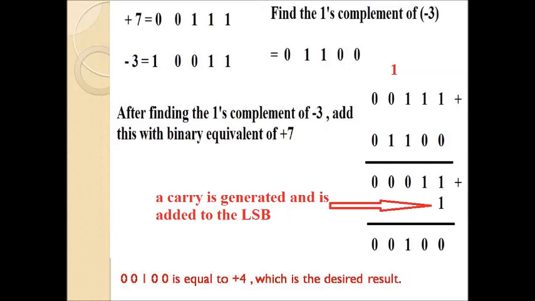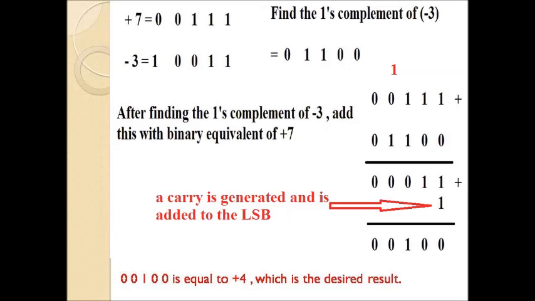The binary equivalent of plus 7 is represented there in sign magnitude form. The bit which is separate from the group, 0, stands for positive. So 0 0 1 1 1 is the binary equivalent of plus 7, and for minus 3 I have written 1, which stands for negative, and 0 0 1 1.